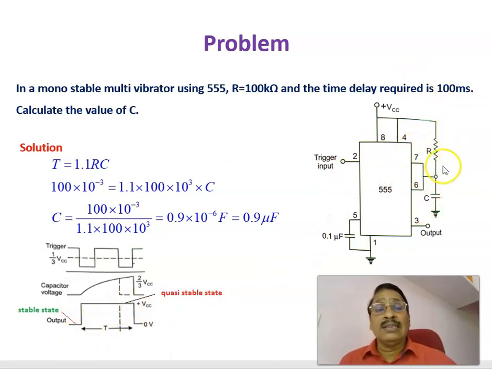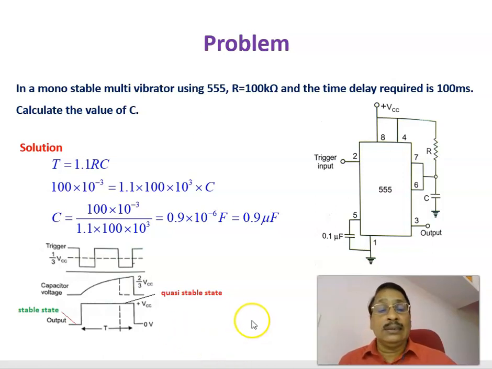Therefore, by properly selecting the value of R and C, you can get any delay of this quasi-stable state, capital T, obeying this equation, T equal to 1.1 RC. Monostable multivibrators can be used in different applications where you need a certain time delay.